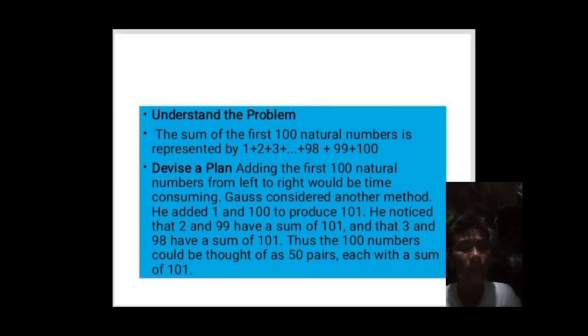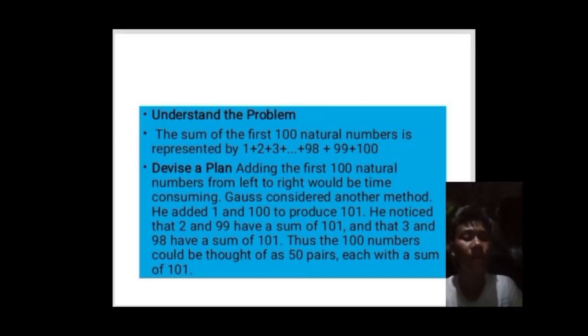It is reported that soon after Gauss entered elementary school, his teacher assigned the problem of finding the sum of the first 100 natural numbers. Gauss was able to determine the sum in a matter of a few seconds. The following solution shows the thought process he used.